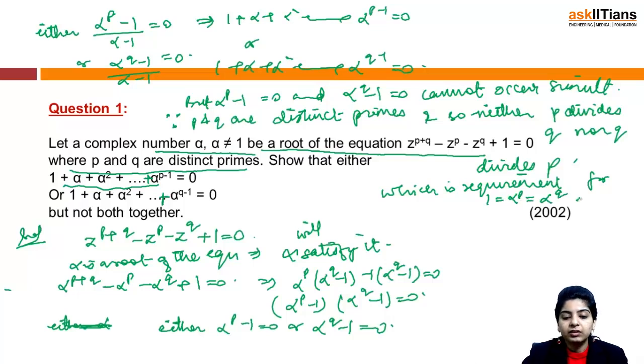So I have just utilized the given condition that the given equation is this and alpha is a root of that equation, and from that itself we have derived the required condition.